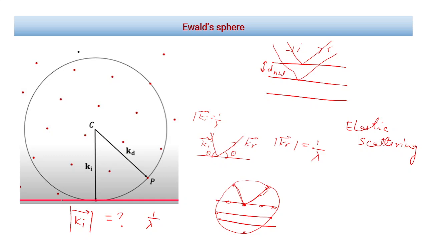If we take the incident one and draw this sphere, and we get the reflected one lying on this sphere, that means that satisfies the diffraction condition.